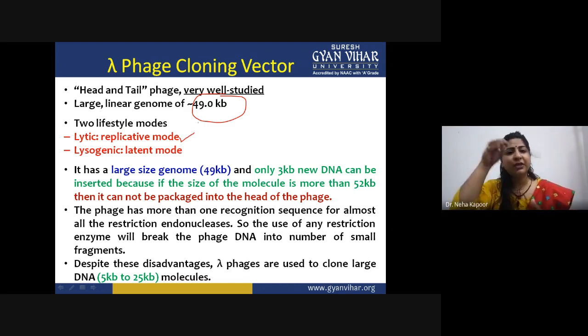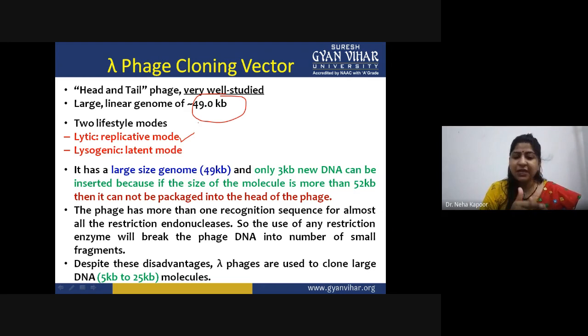That means once it is injected inside the host cell, it would be replicating, then assembling, and after assembly, it would be released. Second is lysogenic, which is a latent mode. Why are we calling it a latent mode? Because the time span would be prolonged, as the DNA would be integrated inside the bacterial genome. After so many divisions, it would be released after the lysis.